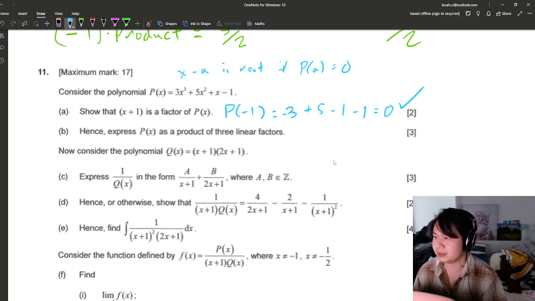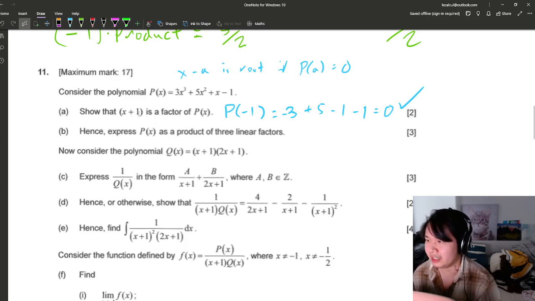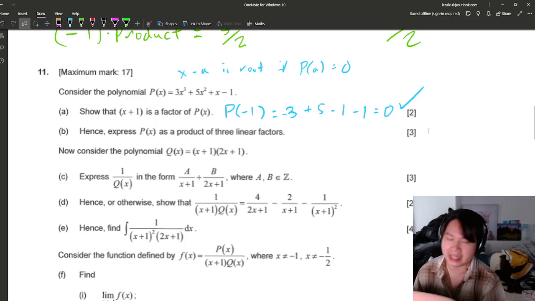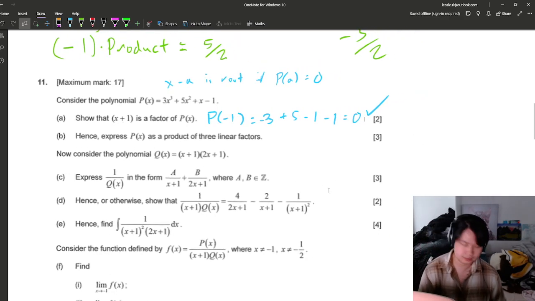Then we need to express p, the polynomial, as a product of 3 linear factors. So we know what the first linear factor is. And then what we can do is a polynomial division using this factor to get the quotient, which would be a quadratic, and then you can factor the quadratic. So I'm going to do synthetic division.